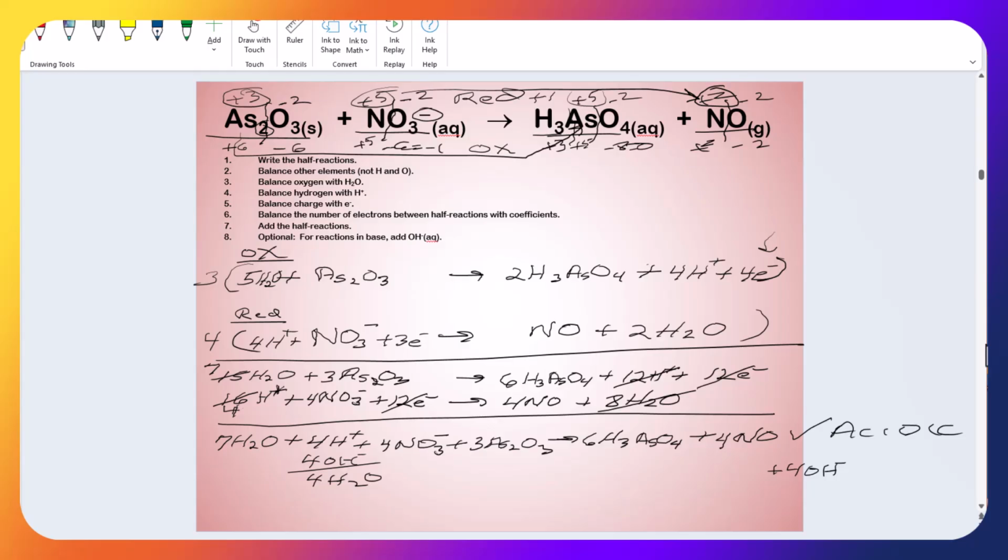This is going to give me 4 more waters plus the 7, so I'll have a total of 11 H2Os here.